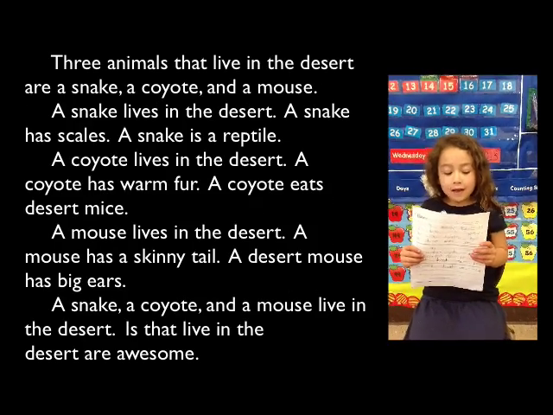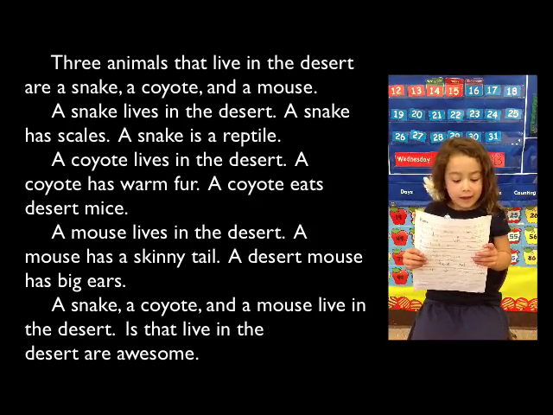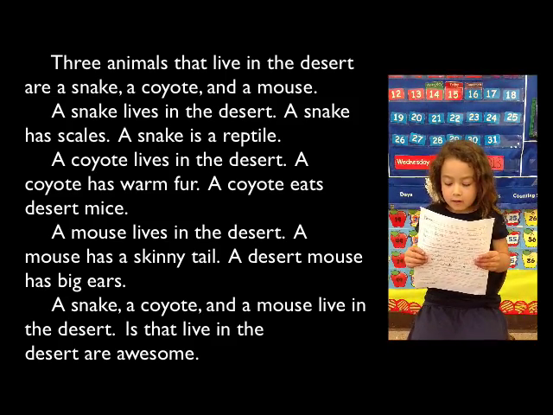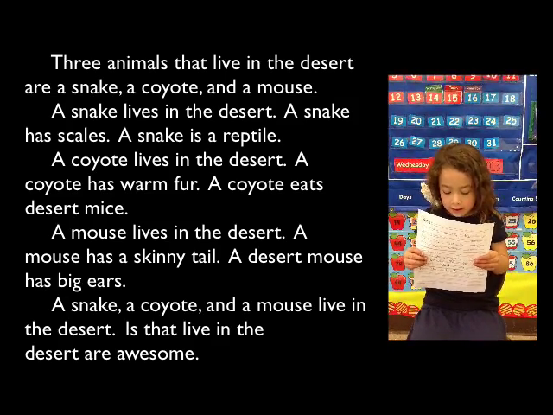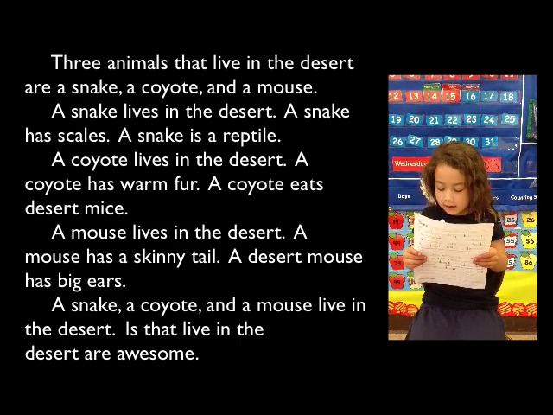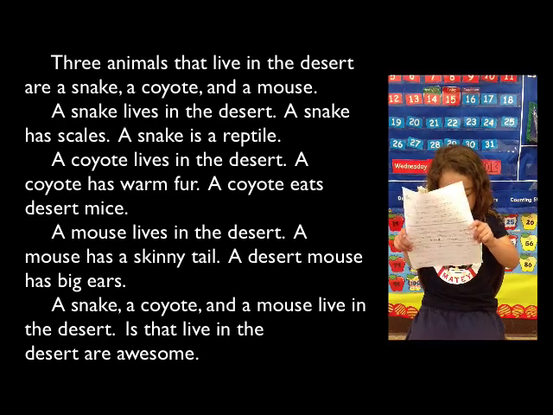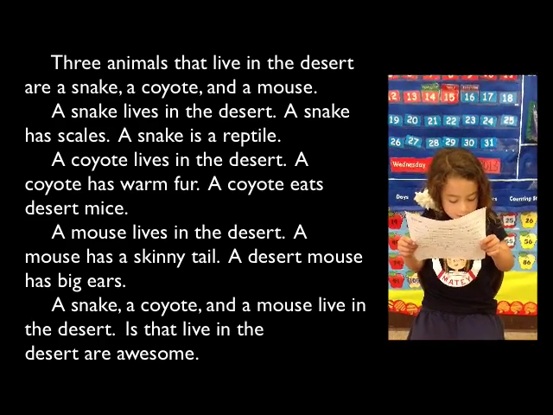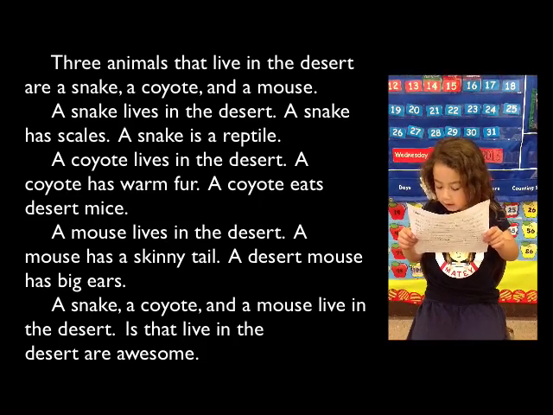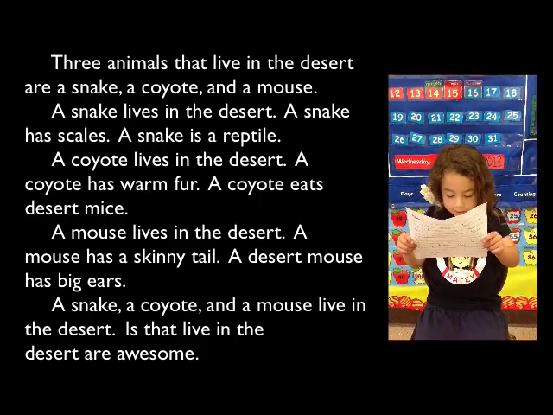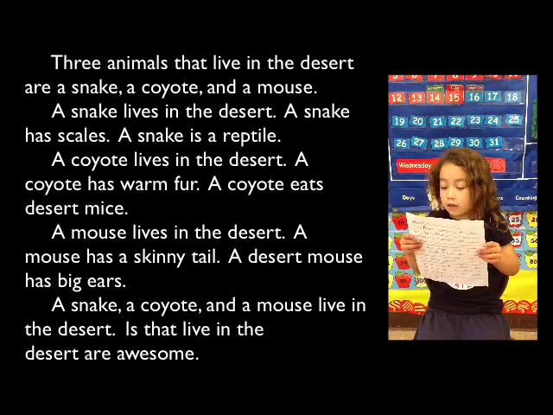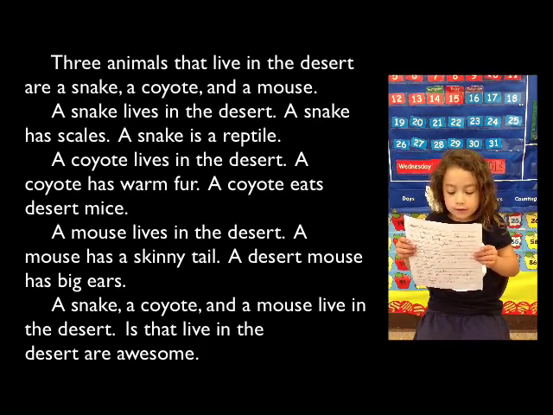3 animals that live in the desert are a snake, a coyote, and a mouse. A snake lives in the desert. A snake has scales. A snake is a reptile. A coyote lives in the desert. A coyote has warm fur. A coyote eats desert mice. A mouse lives in the desert.